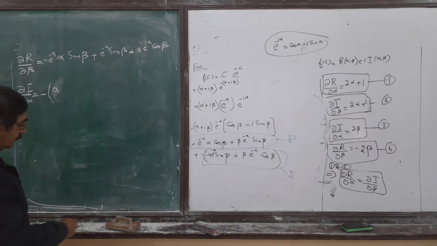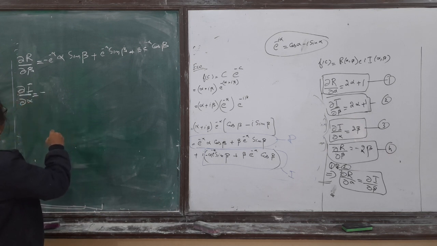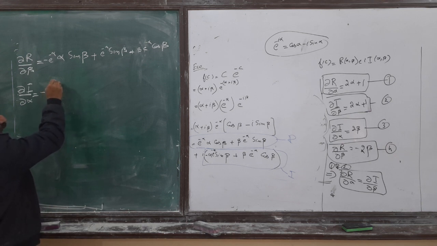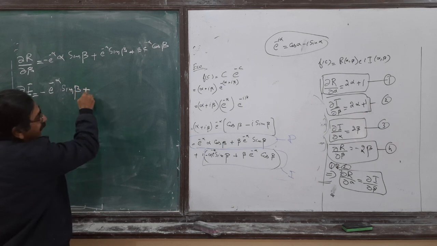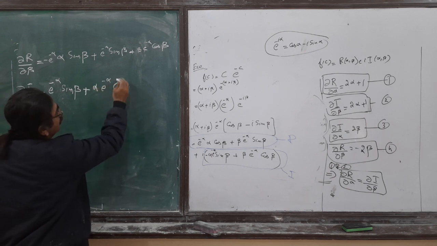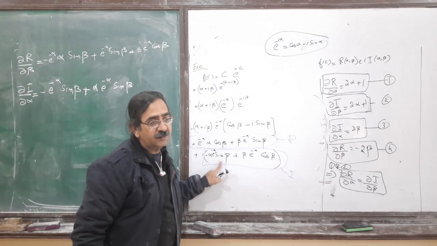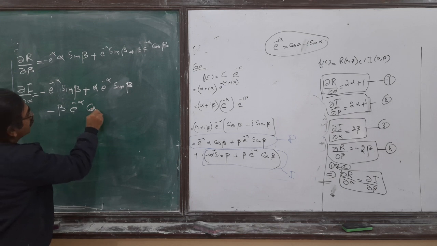Taking the derivative with respect to alpha, e to the minus alpha sin beta, and minus plus alpha e to the minus alpha sin beta, and minus beta e to the minus alpha cos beta.